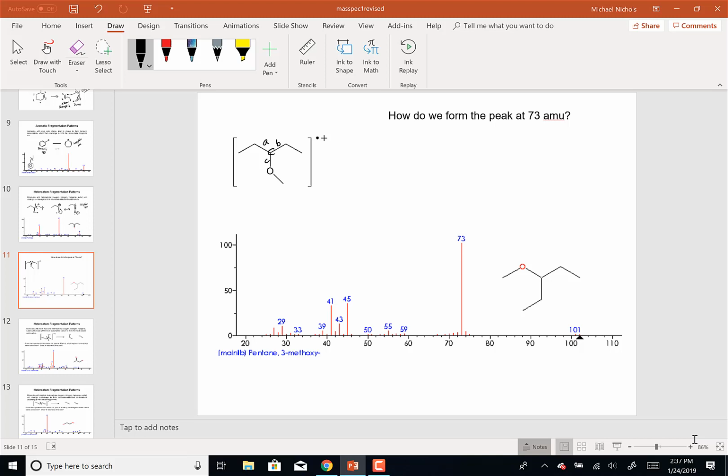So we can cleave either A or B. Have a preference? No preference. It's exactly the same. Right? It's a symmetrical molecule, so no preference.